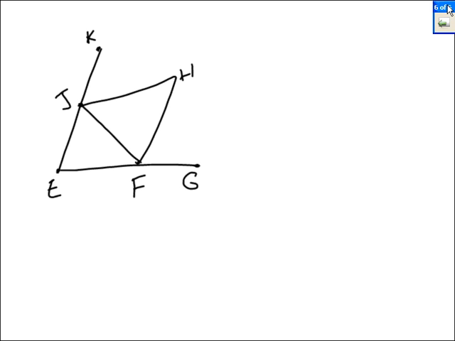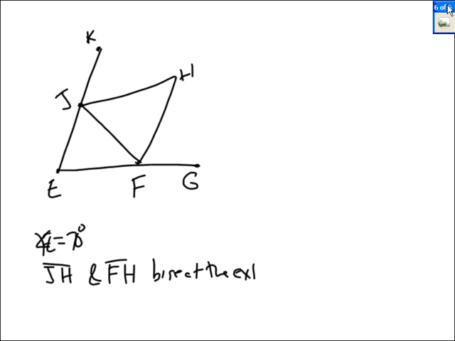Alright, now we're given some pieces of information, like angle E is exactly 70 degrees, JH and FH, they bisect the exterior angles of JEF, the exterior angles of triangle JEF, at J and F. Okay, so we have that.